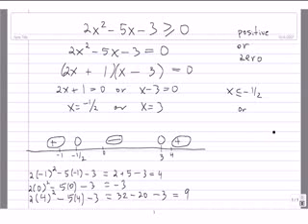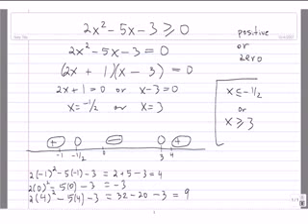Then larger than 3 the function is positive. So everything greater than or equal to 3 also solves the inequality. So the solution to 2x squared minus 5x minus 3 greater than or equal to 0 is x is less than or equal to negative 1/2 or x is greater than or equal to 3.